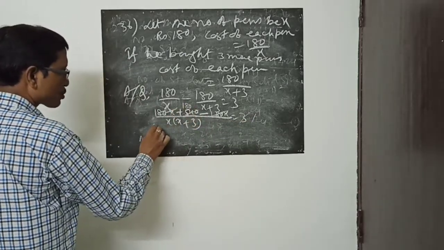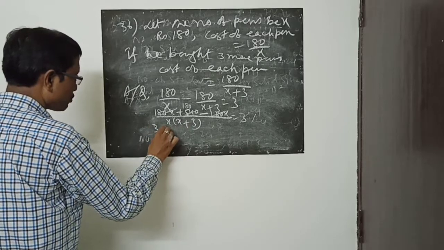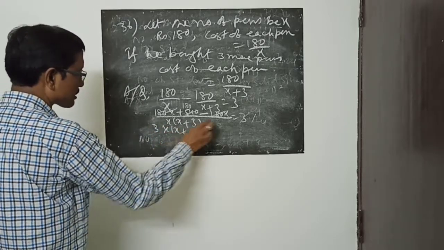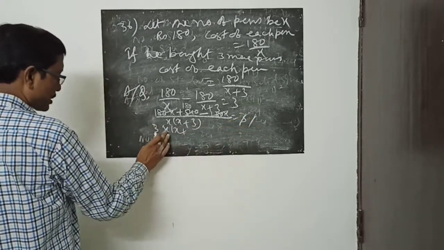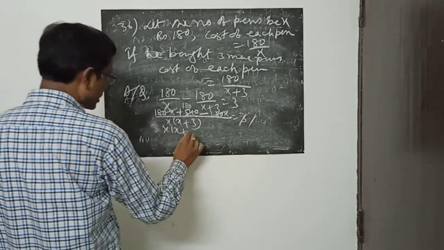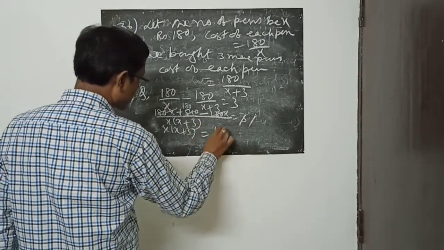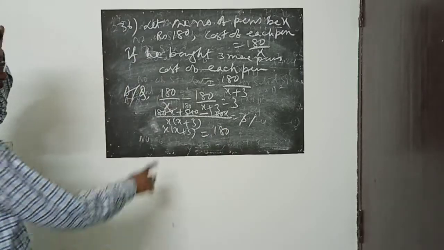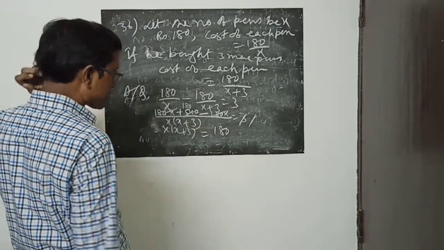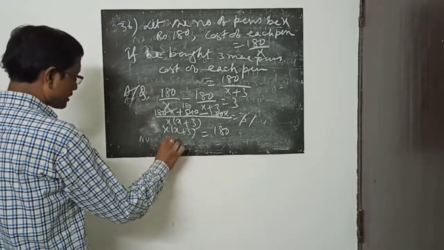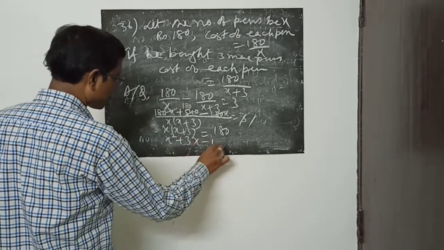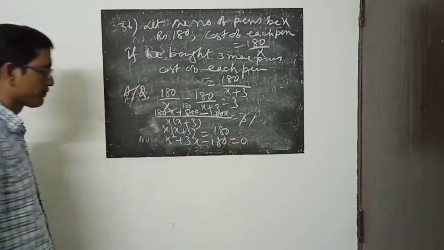X into x plus 3 is equal to ultimately 180. Or 3 into x plus 3 equal to 540. So you will get here ultimately x square plus 3x minus 180 equal to 0.